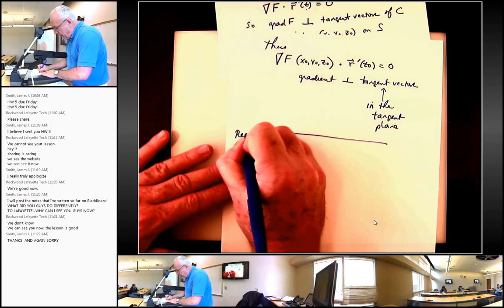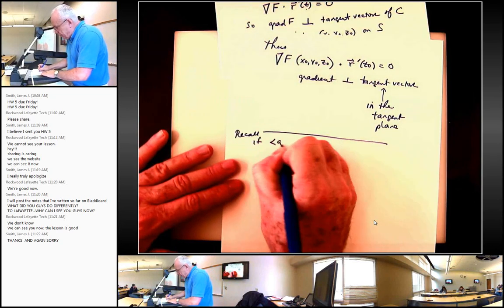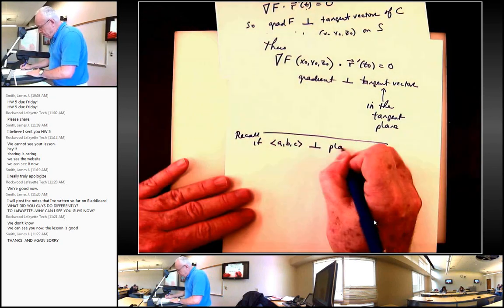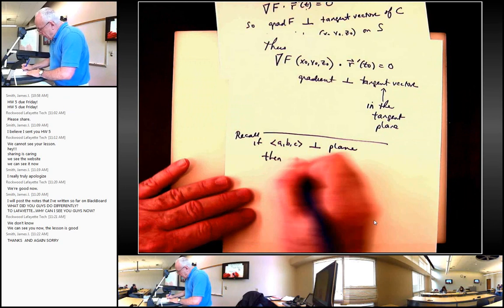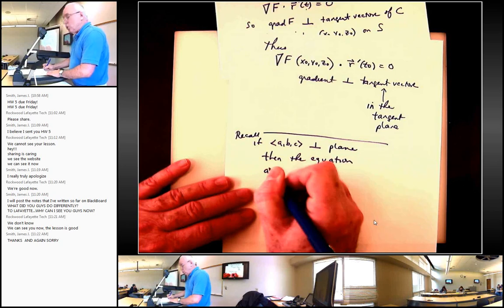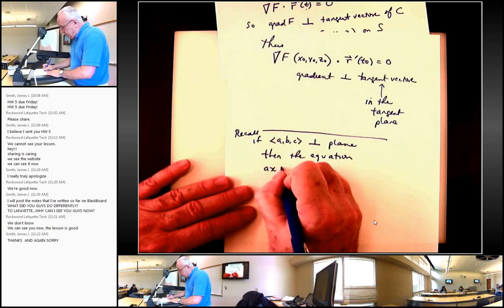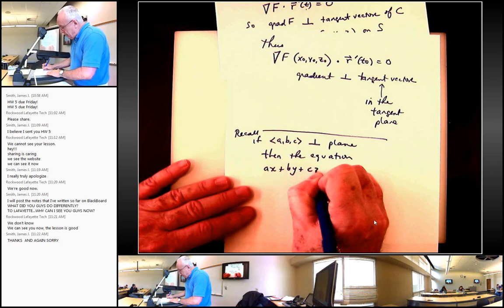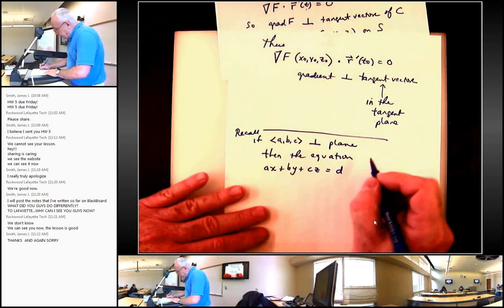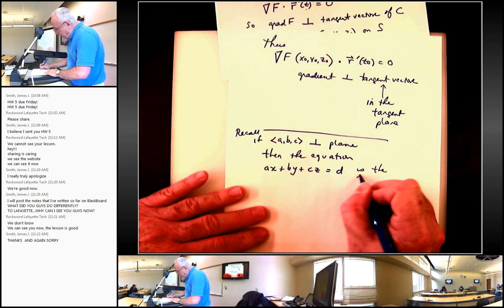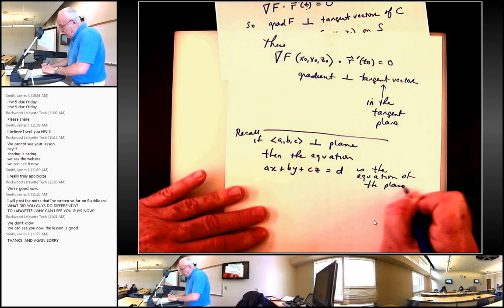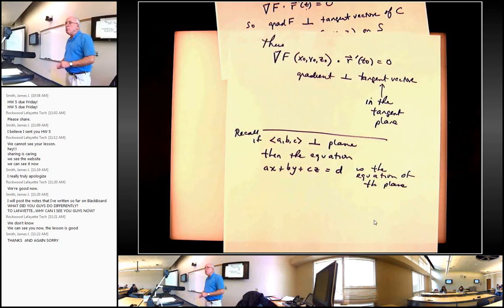Recall, if the vector A, B, and C is perpendicular to our plane, then the equation, as you said, the coefficient A times X plus B times Y plus C times Z equaling some number D is the equation of the plane. The coefficients there are directly from our normal vector.